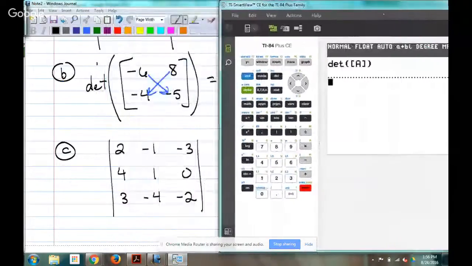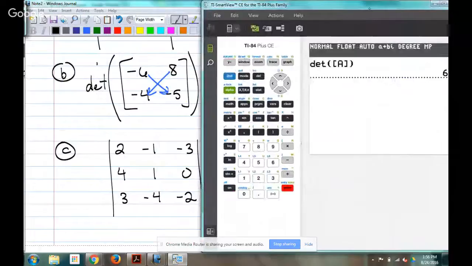You're not going to do 3 by 3s by hand. I can show you how if you want to know, and just see me after you get done with your quiz. I'll be glad to show you how to do it by hand. There's a couple of different ways to do that. It involves breaking that thing down into a bunch of 2 by 2 matrices and working it from there.